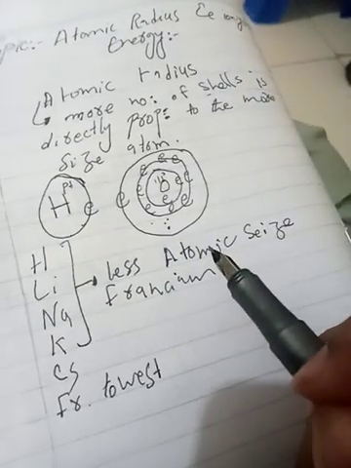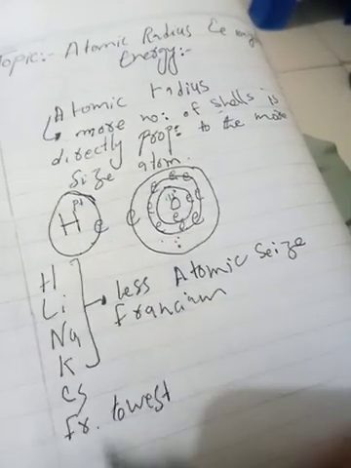So when we move downward in the group, the atomic size will be decreasing.